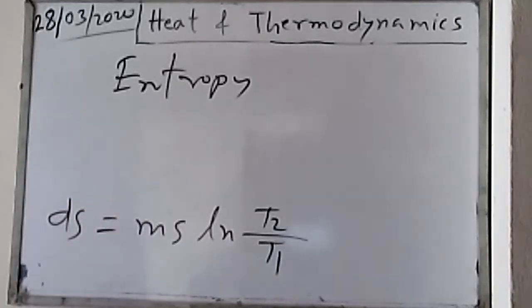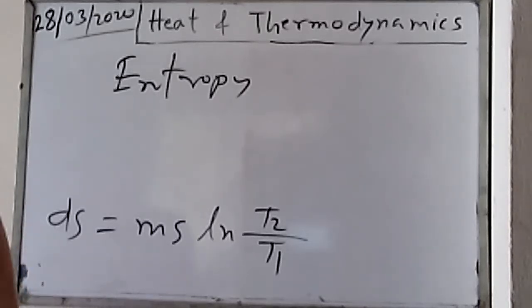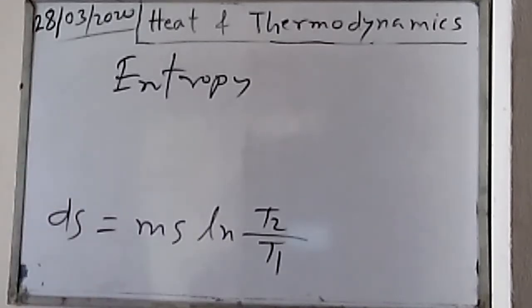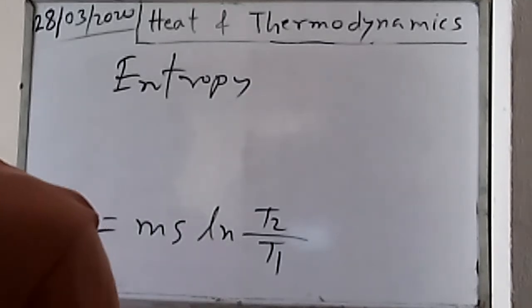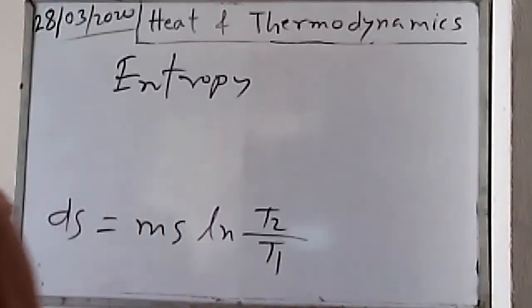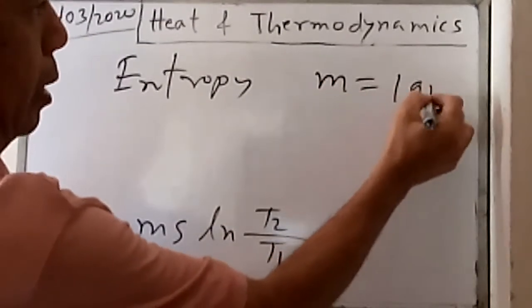The specific heat of ice and water is 0.5 and 1 respectively, and the latent heat of ice and steam is 80 calorie per gram and 540 calorie per gram respectively. Therefore, we have to calculate the total increase in entropy of 1 gram of ice. Mass is given, 1 gram.